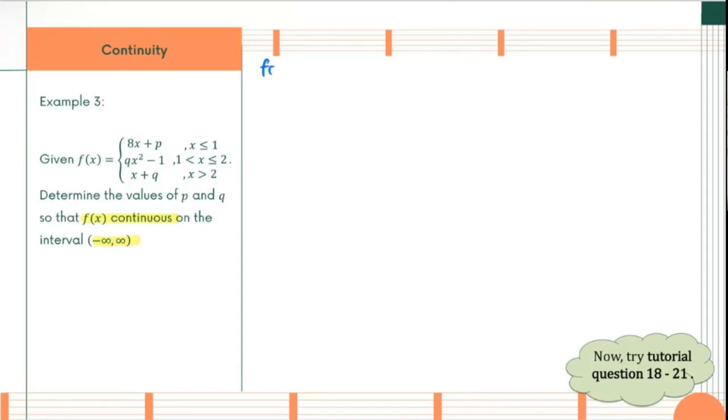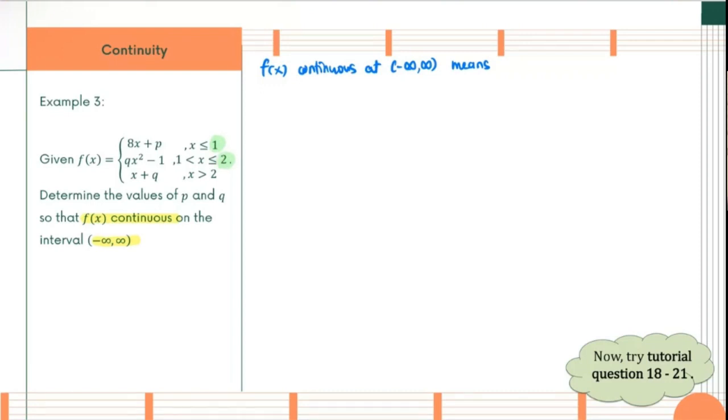Okay, f(x) continuous at negative infinity until infinity means kita kat sini ada 2 value, I have 1 dan juga 2.